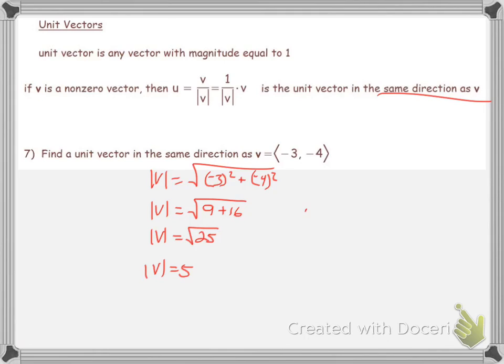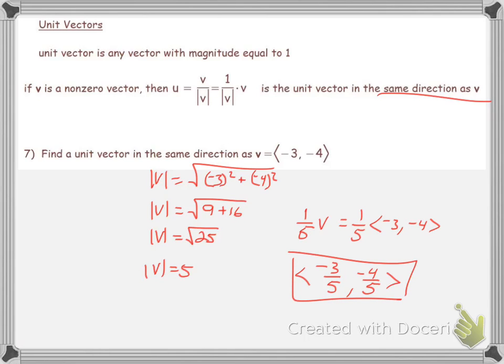So now I'm going to do 1 over 5 times v, which is 1 over 5 times the vector ⟨-3, -4⟩. And this is where that scalar multiplication comes in. So I have ⟨-3/5, -4/5⟩, and that is my unit vector.